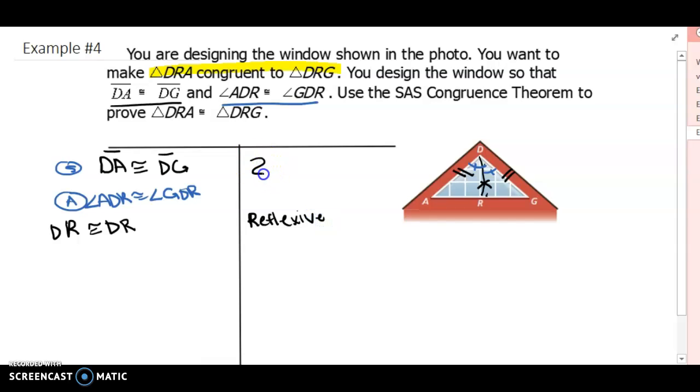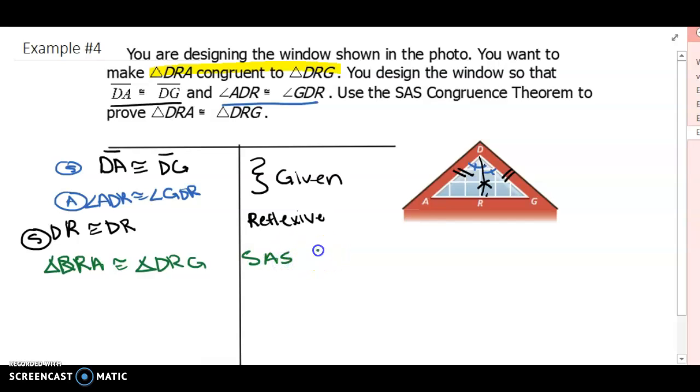And guys, these two are given. And after I have that, here's my second side. So then I could just say that triangle DRA is congruent to triangle DRG by the side angle side congruence theorem.